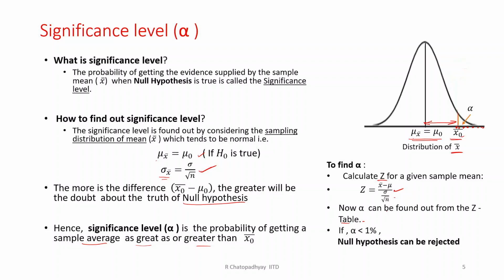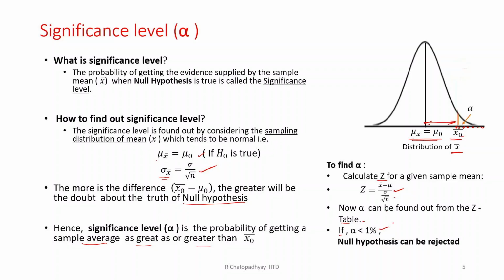We can find out Z alpha from the Z standard normal distribution table. If I put this value of Z from the table, I can then find out the value of alpha. So we have to consult the Z table for this.